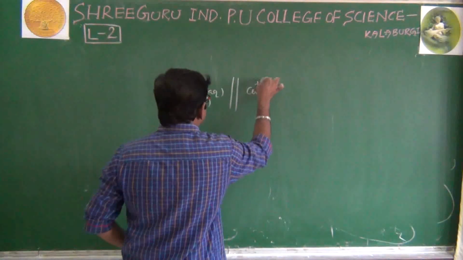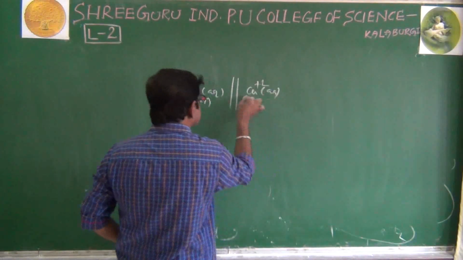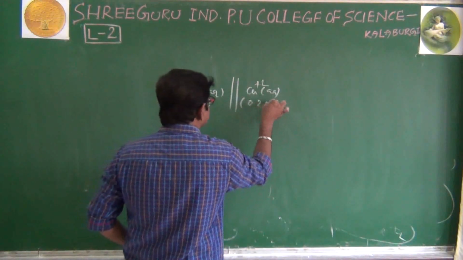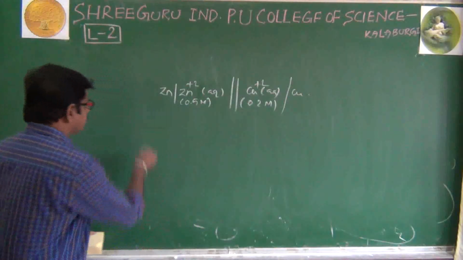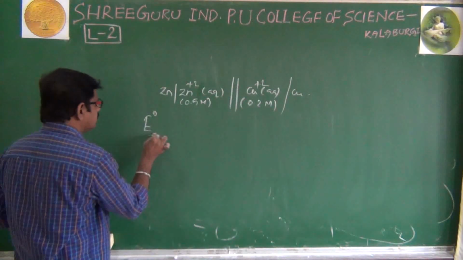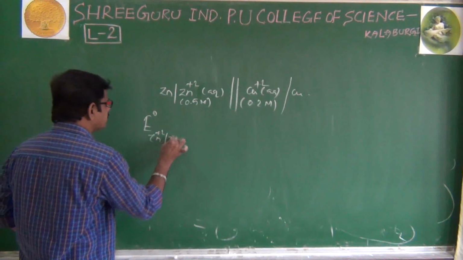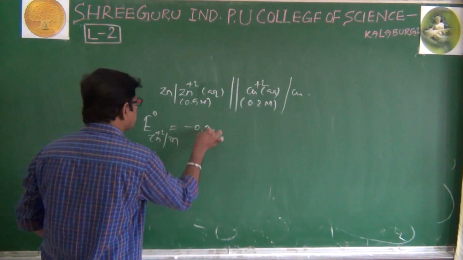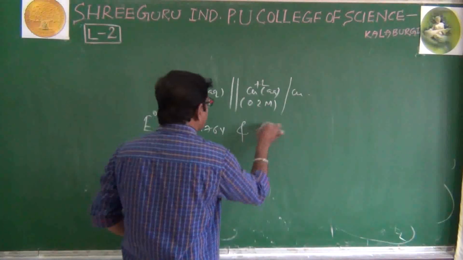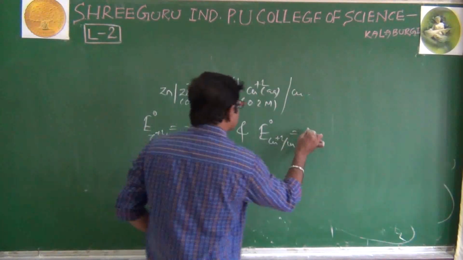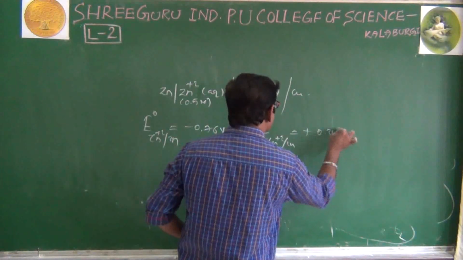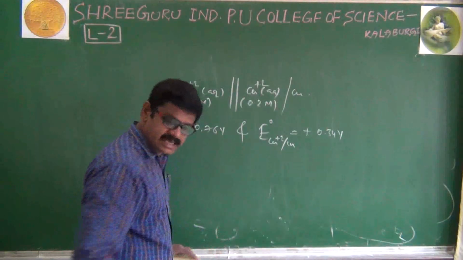Salt bridge, Cu plus 2, suppose it is 0.2 molar, oblique Cu. And the same E naught Zn plus 2 oblique Zn is minus 0.76 volts, and E naught Cu plus 2 oblique Cu is plus 0.34 volts. Then what is its EMF?